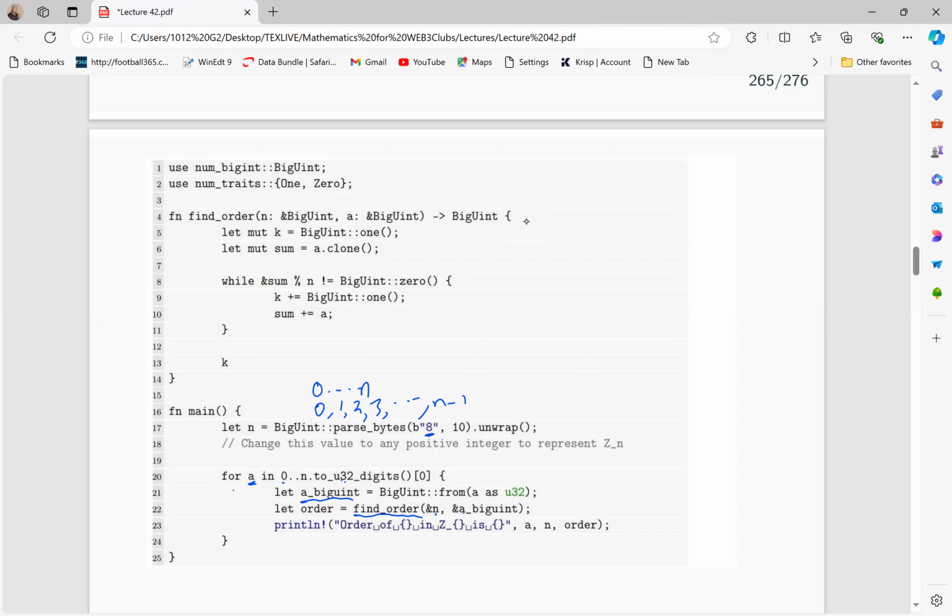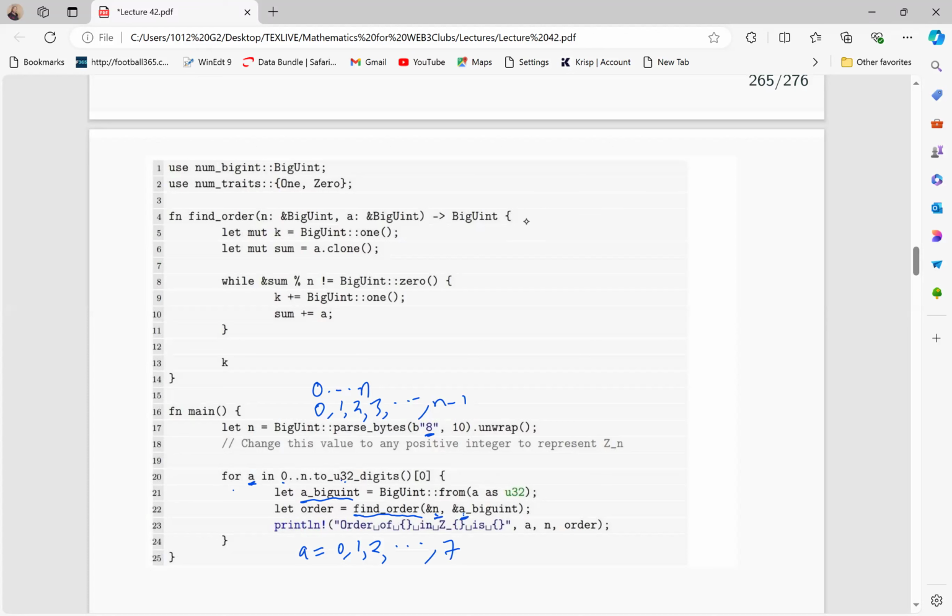So for instance, in our example, we've said that A is 0, 1, 2, up to 7. So when A is 0, this function will call the find order function to find the order of N with 0.